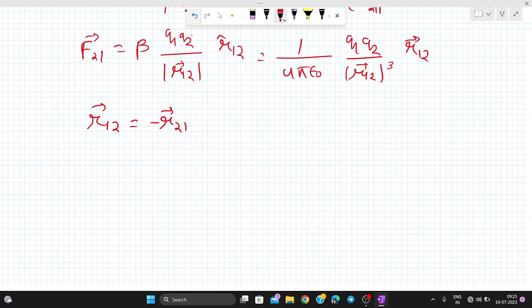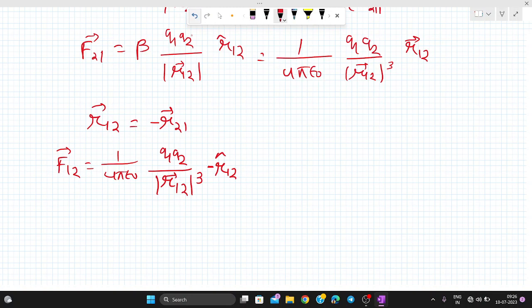If I want to write it like this, then I can write F12 as 1 by 4 pi epsilon naught Q1 Q2. In place of R21, I can write R12. If I write R12, then I will have to take a negative sign outside and write it like this, isn't it? And I have this expression as 1 by 4 pi epsilon naught Q1 Q2 divided by R12 cube, R12 vector.